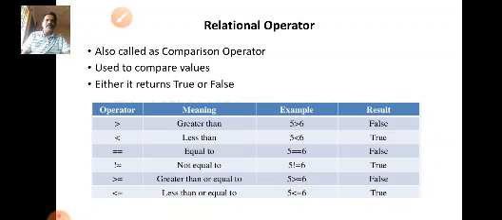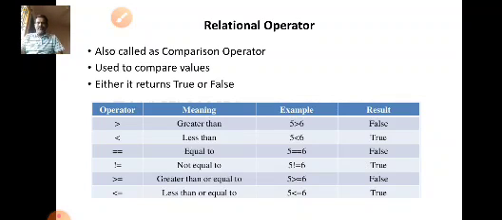The relational operators are greater than, less than, equal to, not equal to, greater than or equal to, and less than or equal to. These are all the operators used inside programming languages of the relational type.